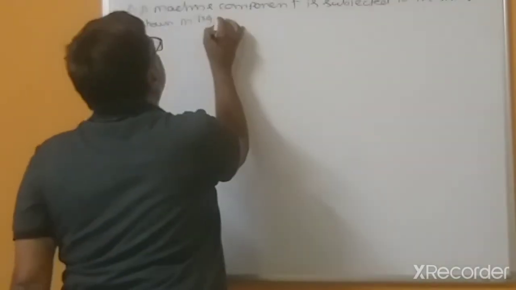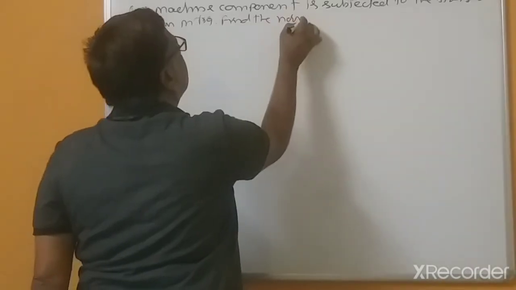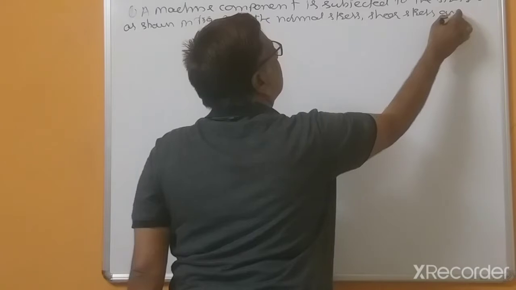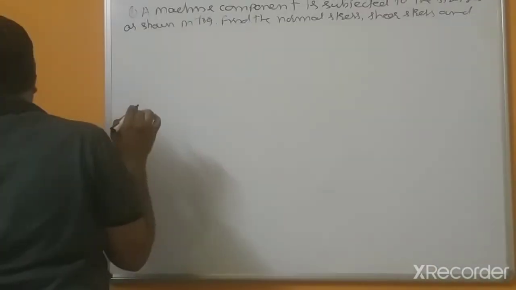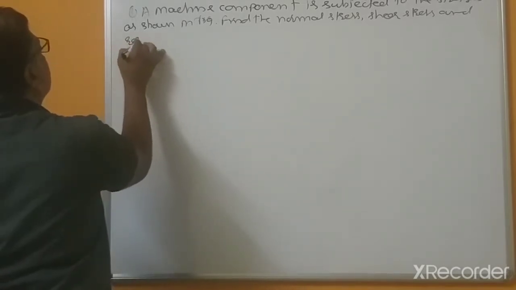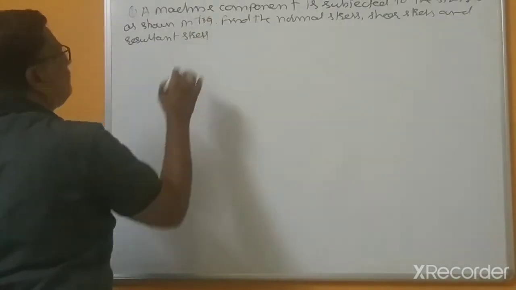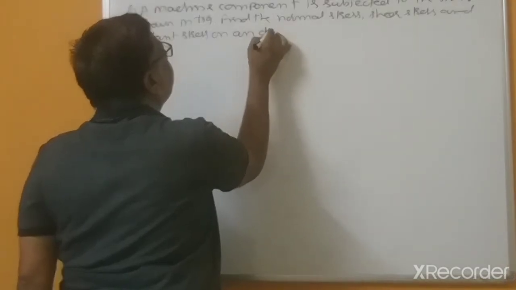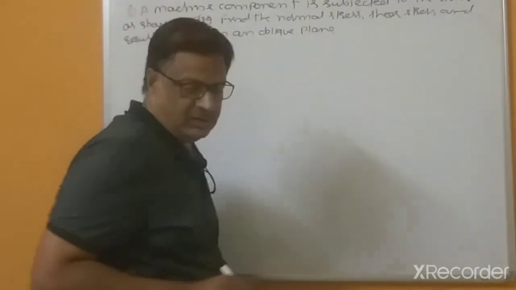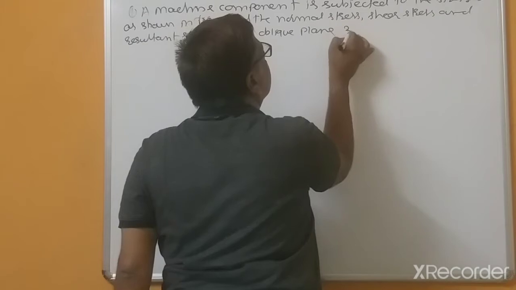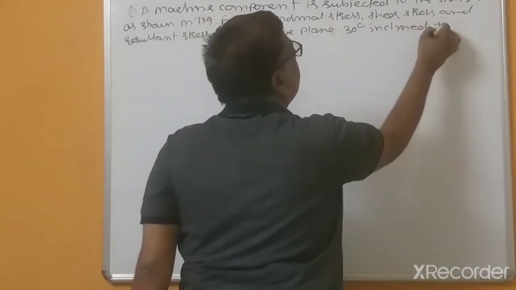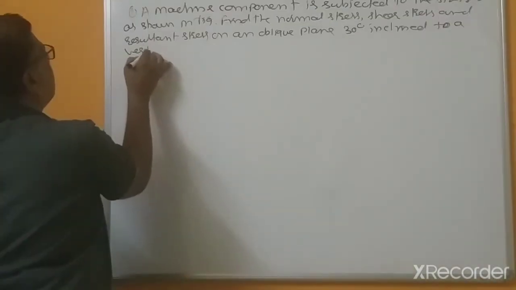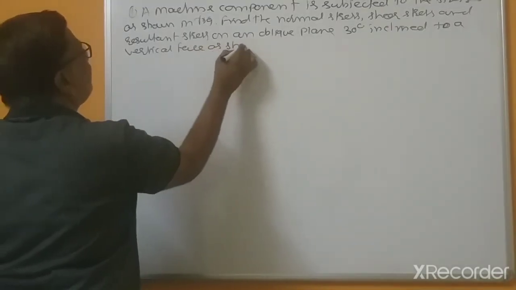Find the normal stress, shear stress, and resultant stress on an oblique plane 30° inclined to a vertical face as shown in figure.